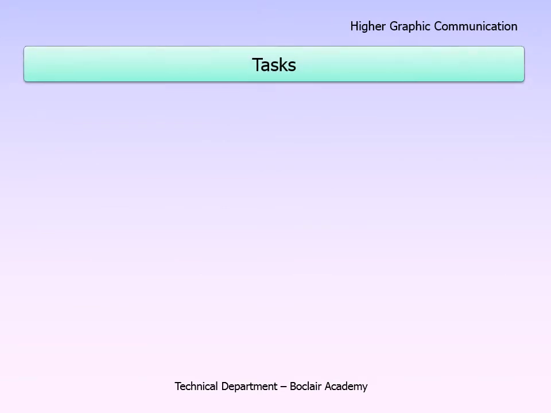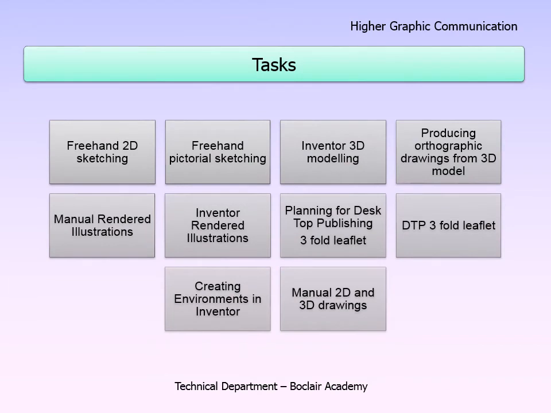Okay, the main tasks. I've talked about some of them already, but we'll just go through these. We've got freehand 2D sketching, we've got freehand pictorial sketching, we have got Inventor 3D modelling, lots and lots of that, producing orthographics from the 3D modelling. Again, for every model you do, you'll produce a series of production drawings, and those being orthographic.